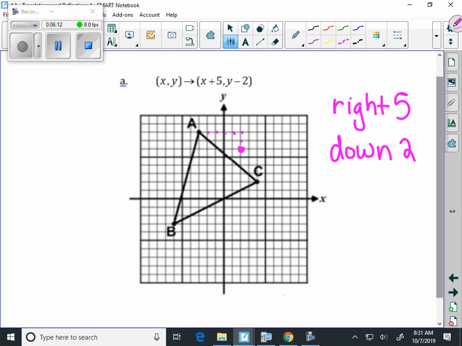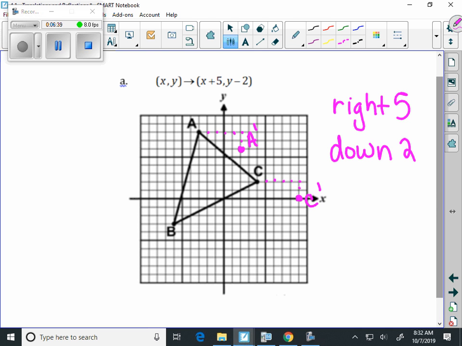Here's our new A point, and we illustrate that by saying A prime. It's just a tick mark. We can do C. Starting at C, we're going to count 1, 2, 3, 4, 5, and down 2. Here's our new C, which I'm going to label C prime.